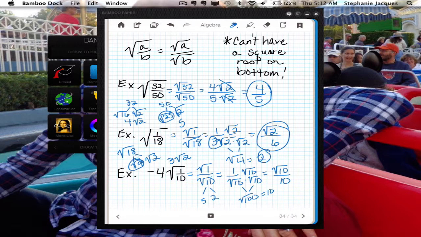Now I take that negative 4, put it over 1, and multiply it by square root 10 over 10. So I get negative 4 square root 10 all over 10. I can't multiply the negative 4 by the 10 inside because it's in a square root, and I can't divide the 10 and the 10, but I can reduce the 4 and the 10. 2 can go into both of those, so I get 2/5. Your final answer for that would be negative 2 square root 10 all over 5.